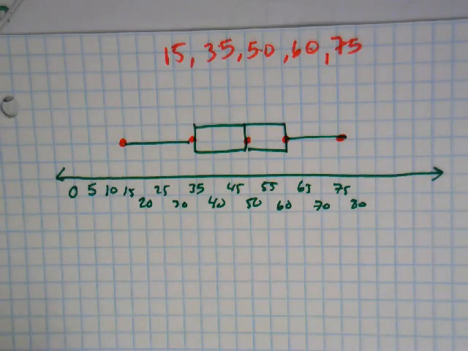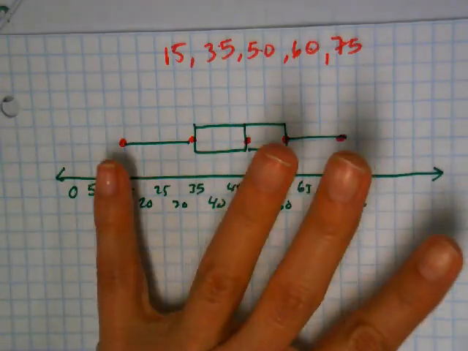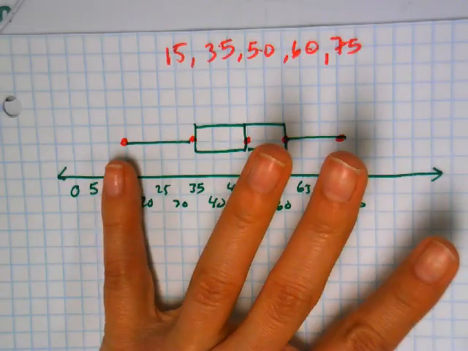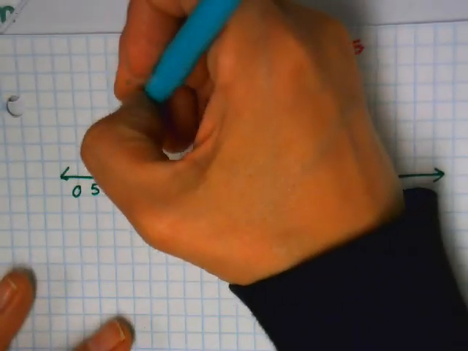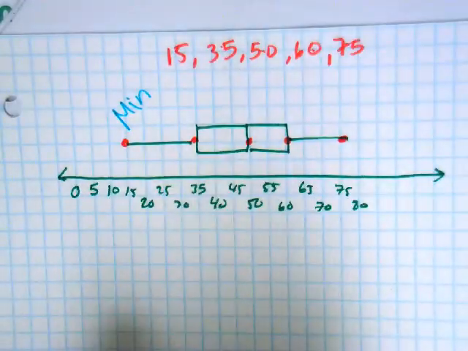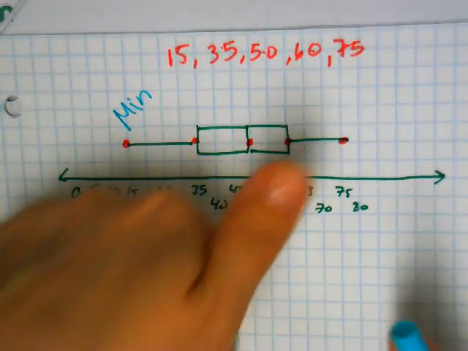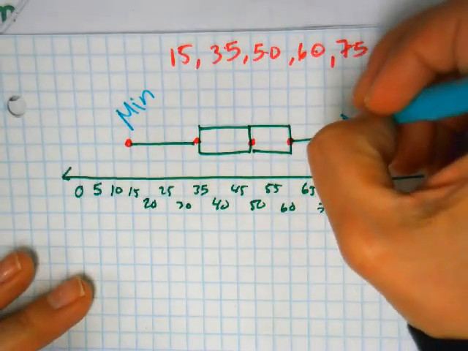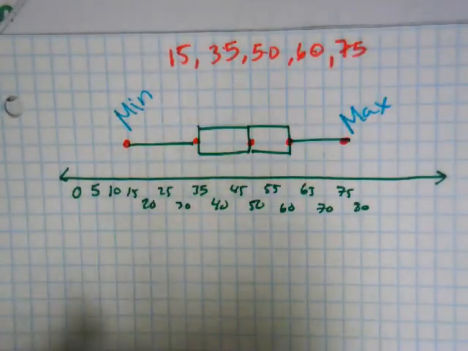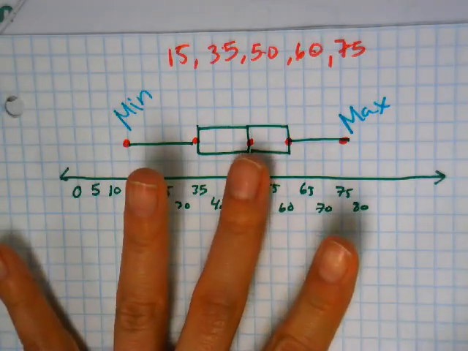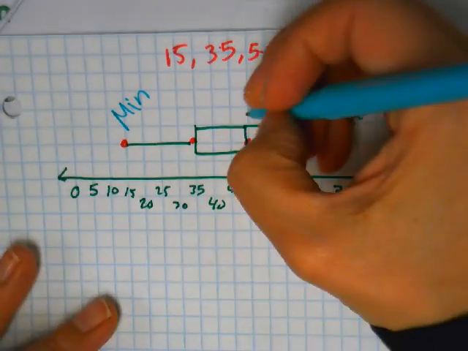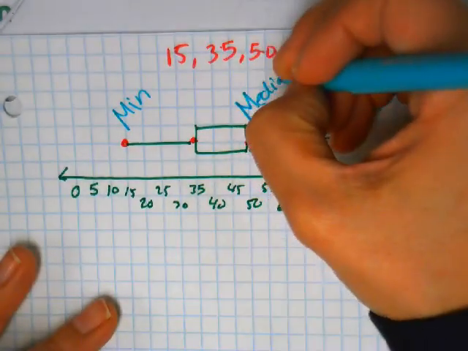Who remembers without looking, what's my pinky? What's the first dot, Kevin? Minimum. All right. Without looking, what is the last one? My thumb, Armando? Maximum. What does my middle finger? Median.